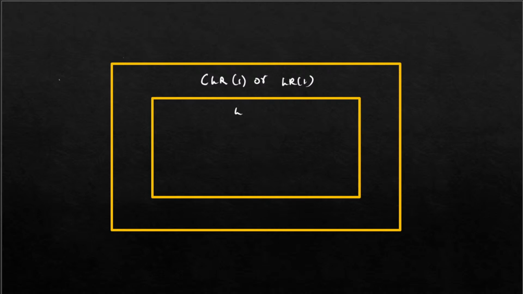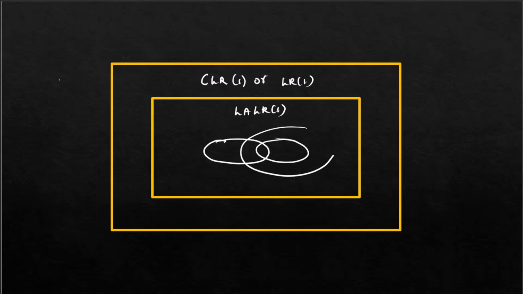Okay, here LALR1, and here basically we have LR0, here LL1, after that here SLR1, like this.